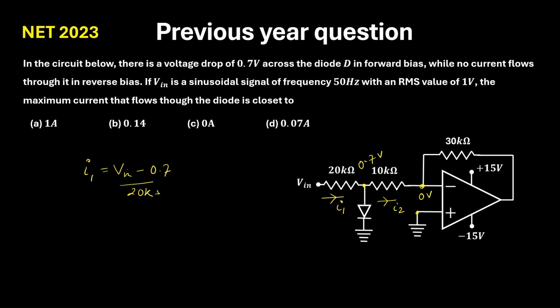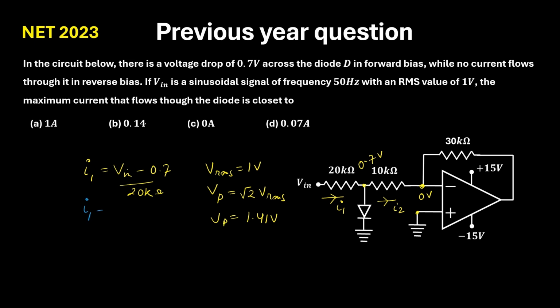Now, since the RMS value is given, that is 1 volt, we can calculate the peak voltage, that is root 2 times VRMS. So it will be 1.41 volt. Now let us take the maximum value.